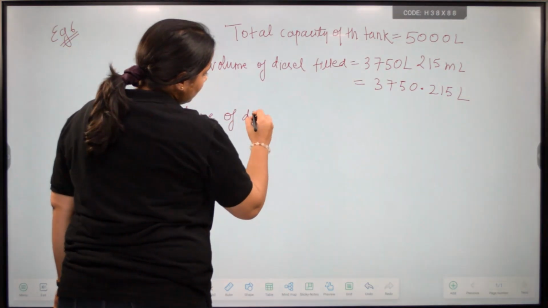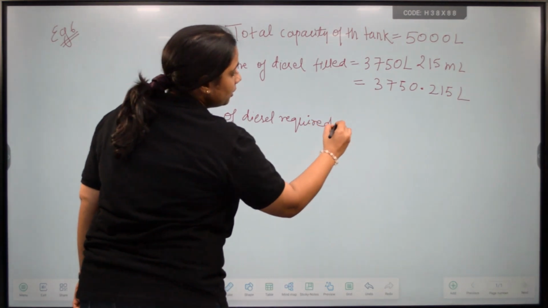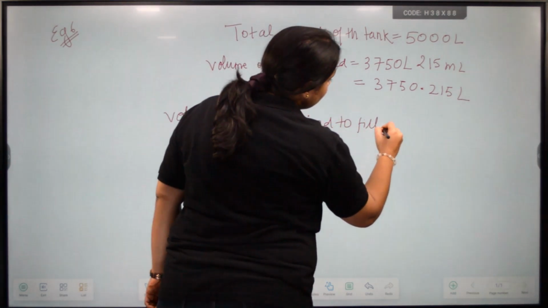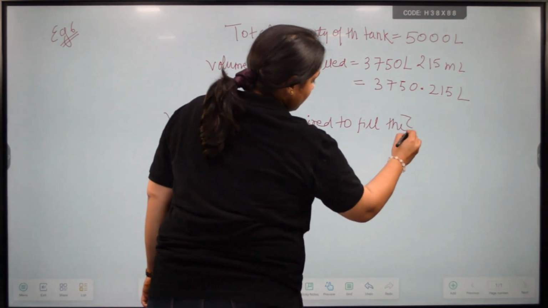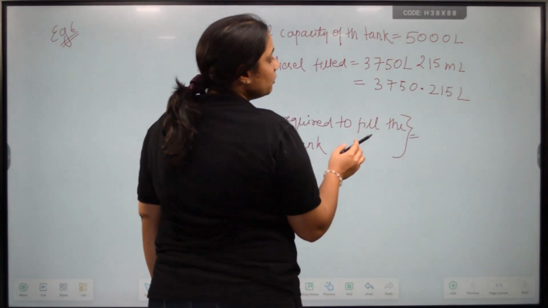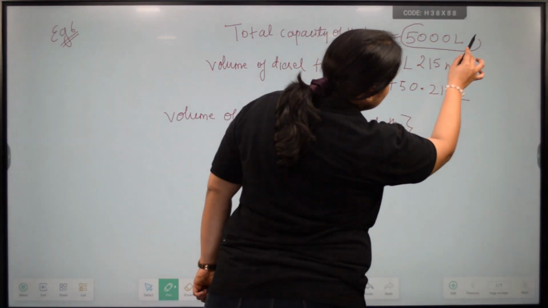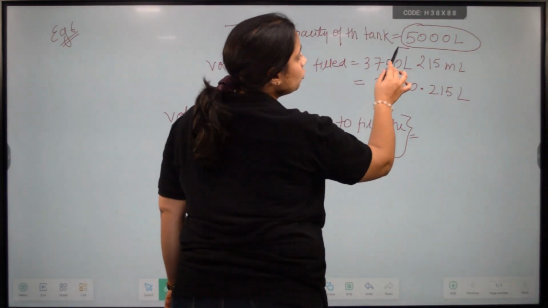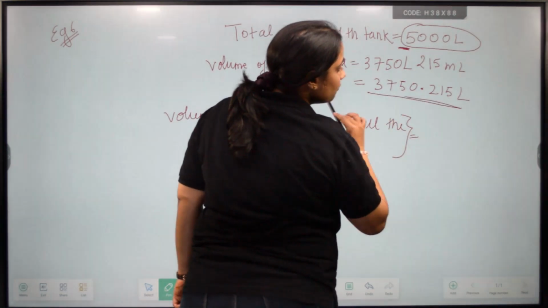So the volume of diesel required to fill the tank will be equal to the subtraction of the amount of diesel filled in it from the total capacity of the tank.